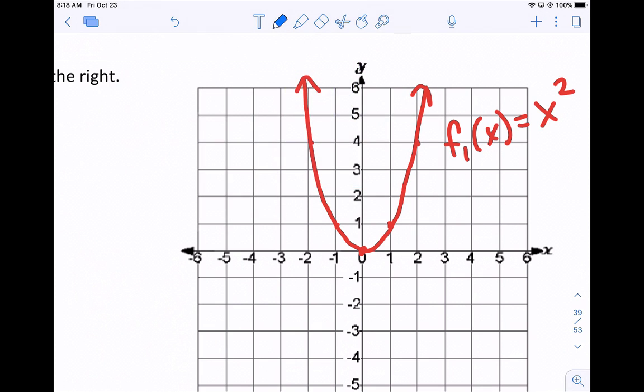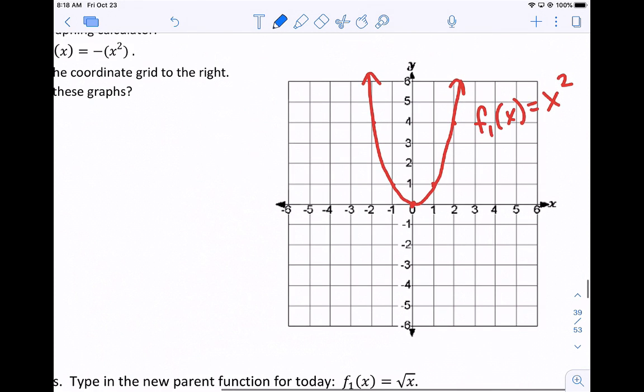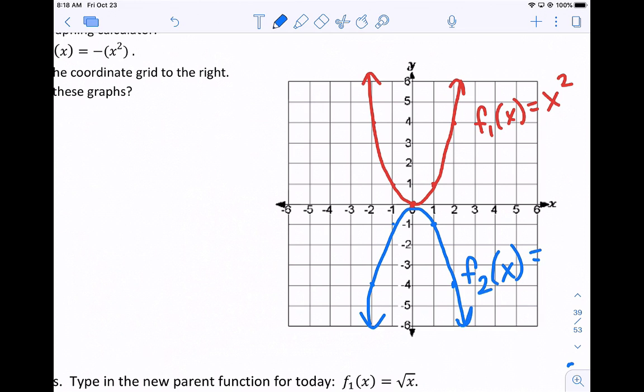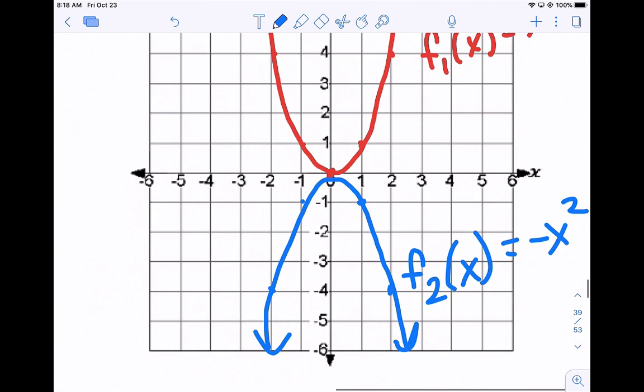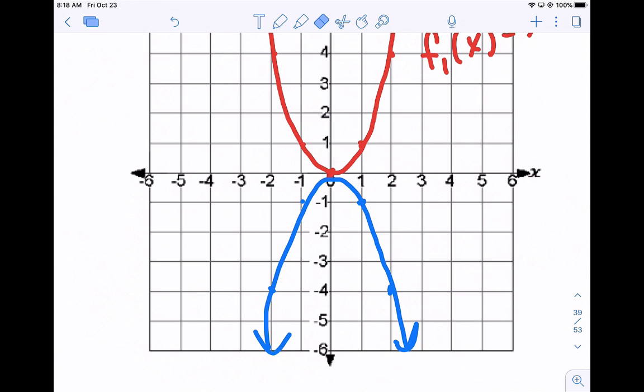And then we graphed our second one, f2 of x, and it looks something like this. So this was our f2 of x, which is our negative x squared. Oh, we had parentheses as well. Let me rewrite this so we can see it better. All right, so f2 of x is negative x squared.